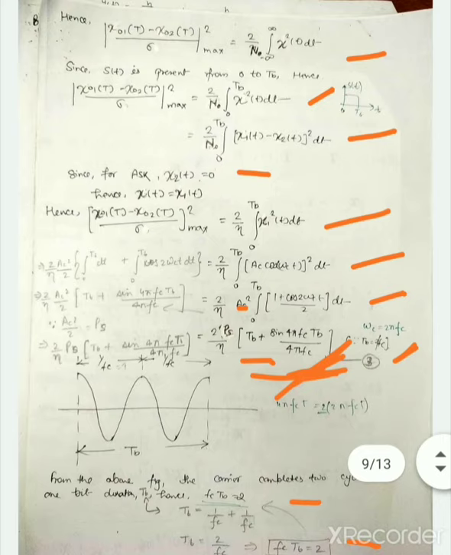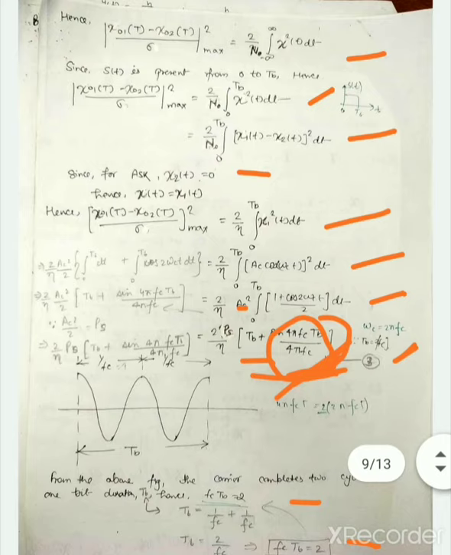Sin 4 pi k divided by 4 pi FC. Now the value of sin 4 pi k will be always 0 whatever is the value of k, that is 1, 2, 3, 4, whatever is the value of k, the value of sin 4 pi will be always 0. That means here the second term, this term will be equals to 0.